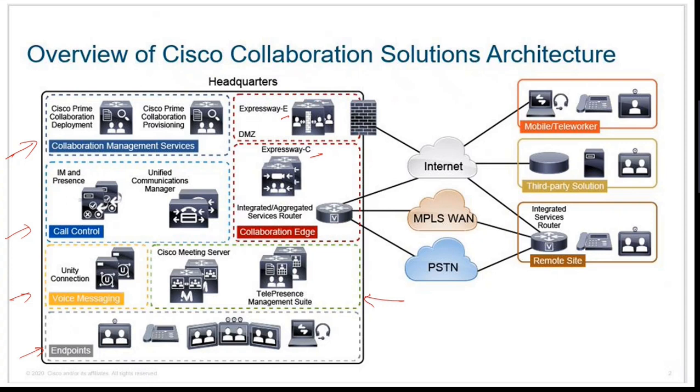We have remote sites, mobile or teleworkers, and third-party solutions. Connectivity to these remote sites and third-party solutions can be via internet, MPLS WAN, or PSTN. This is a brief overview of the structure and the different components of collaboration.